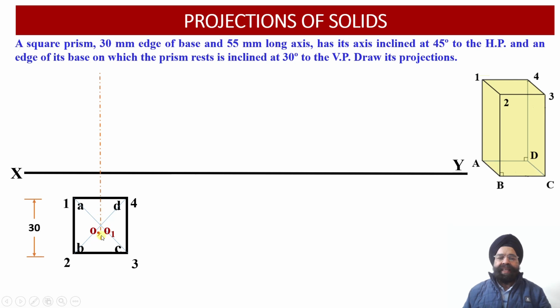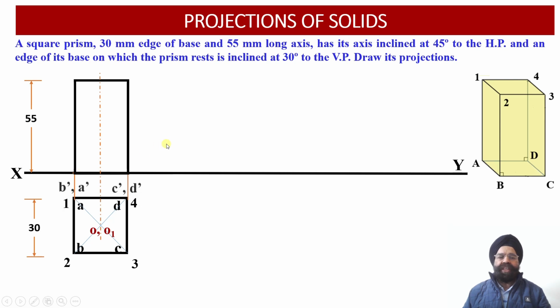So this is the axis of the prism, and we have marked it as a chain line. We know that the height of this square prism is 55 millimeter. Once we mark this height of 55 millimeter, we obtain the front view projection of the square prism appearing as a rectangular projection on the vertical plane.